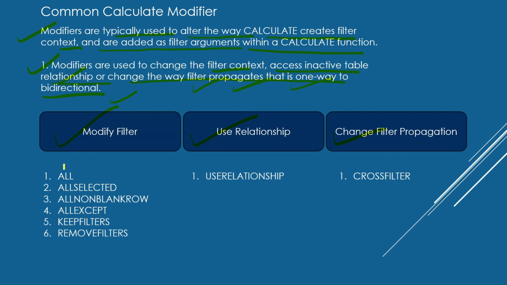The modify filters modifiers are ALLSELECTED, ALLEXCEPT, KEEPFILTERS, and REMOVEFILTERS. The relationship modifier is USERELATIONSHIP, and the filter propagation modifier is CROSSFILTER.